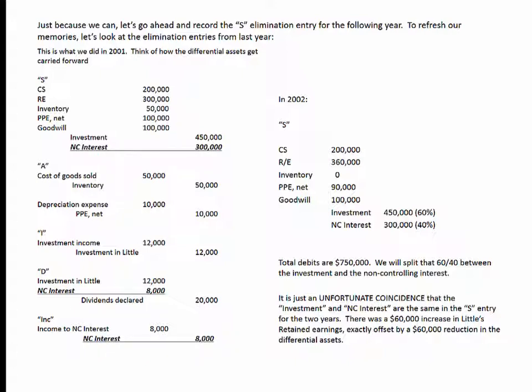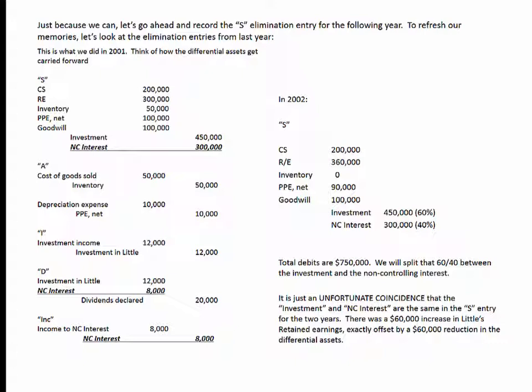Finally, just to, again, this idea of how things carry forward from one year to the next, look at how we dealt with a non-controlling interest in 2001 and see how that carried forward to the following year. Back in 2001, we credited the non-controlling interest for $300,000. Then we debited it to take away the $8,000 in dividends, and then we credited it for $8,000 to allocate to them their share of the earnings.